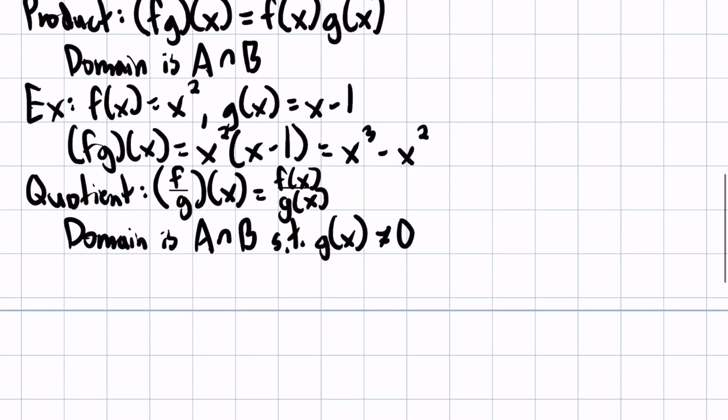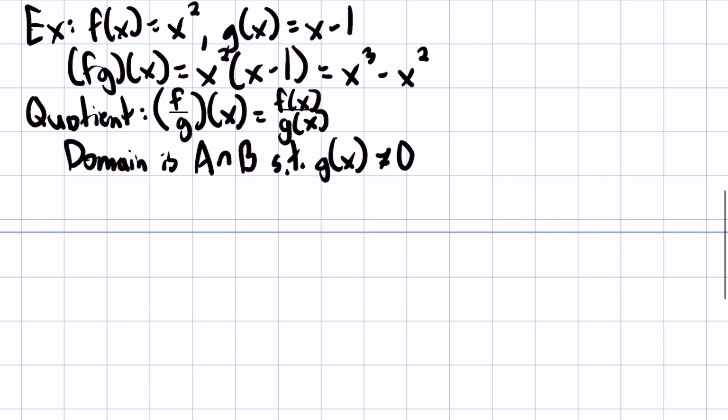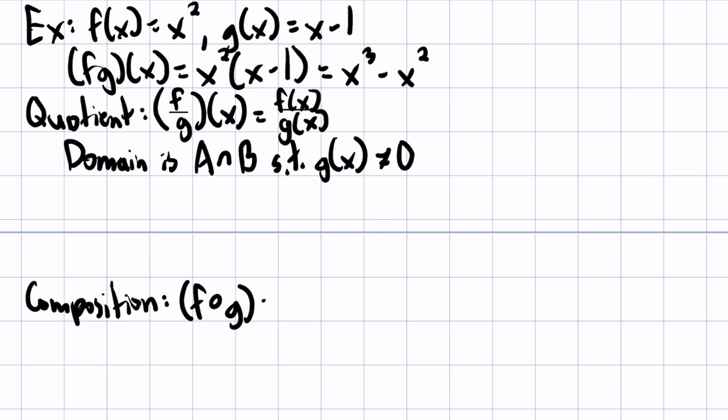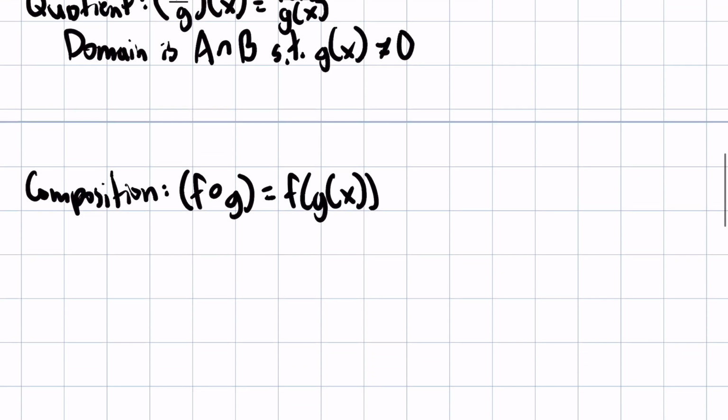And then composition. So this is kind of a different deal here. f of g is going to be f of g of x. And I'm going to go ahead and do the example before I do the domain.